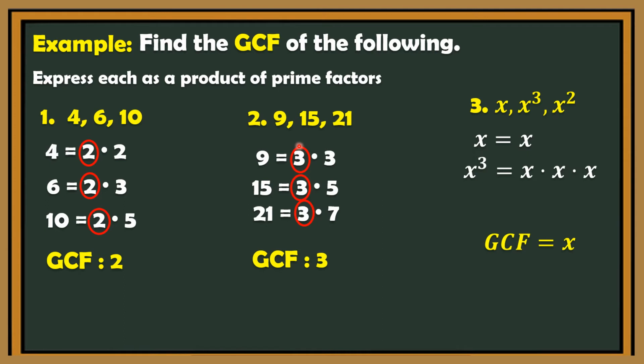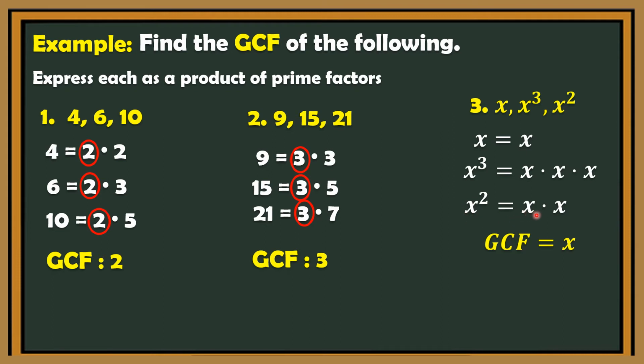Always remember, exponent tells how many times you're going to multiply the base. Next, x squared. So we have here exponent 2. So therefore, we're going to multiply x twice.